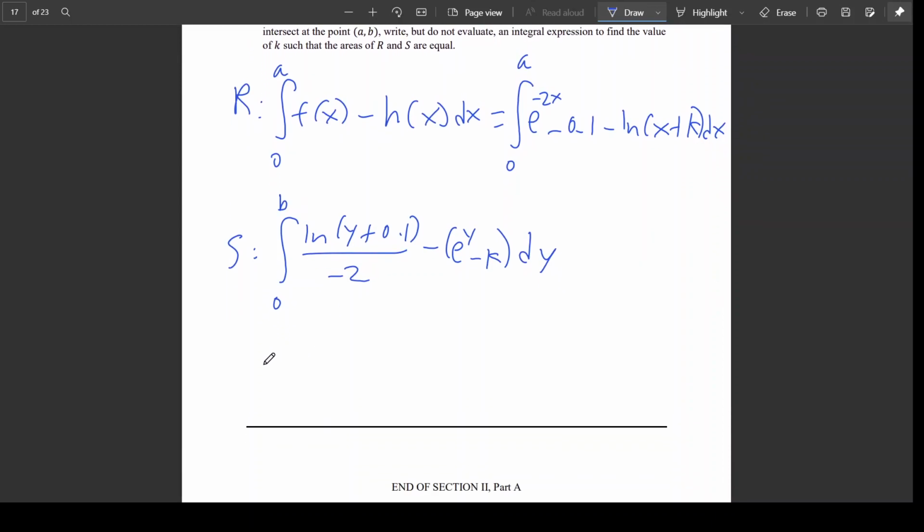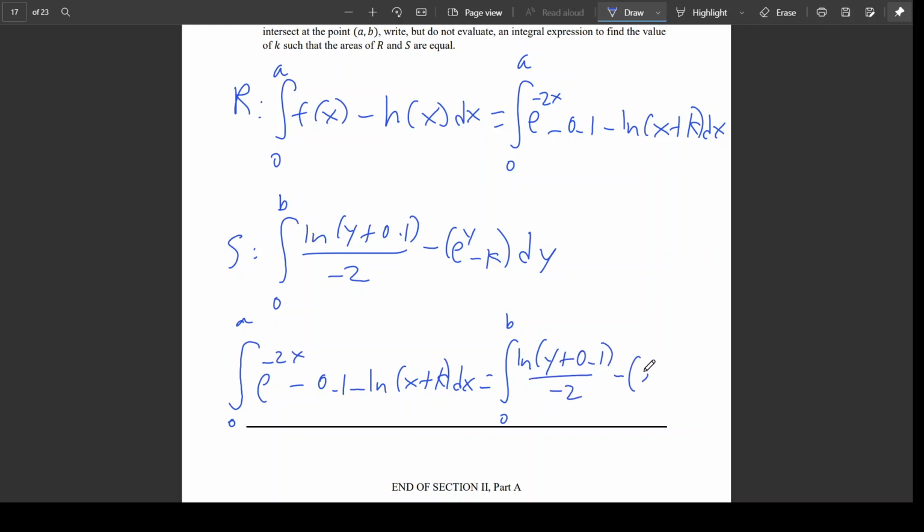So I'll say R equals S. This integral, the integral from 0 to A of e to the negative 2x minus 0.1 minus ln of x plus k, equals the area of S. So this is the area of R, and here's the area of S: the integral from 0 to b of ln y plus 0.1 over negative 2, minus e to the y minus k, dy. And that is our answer.